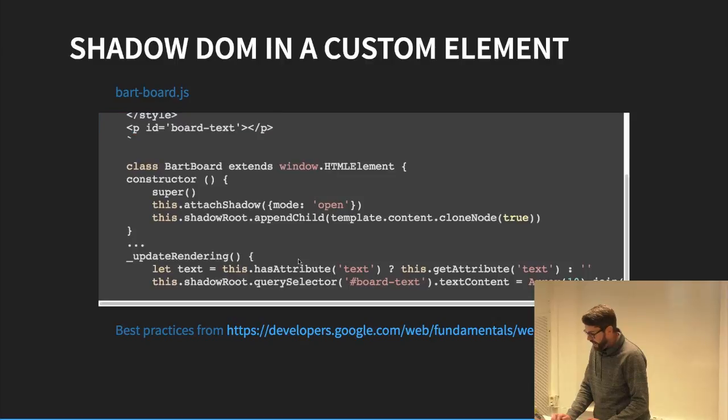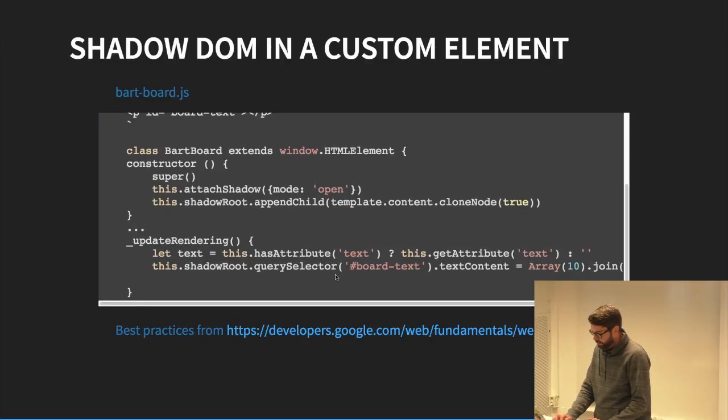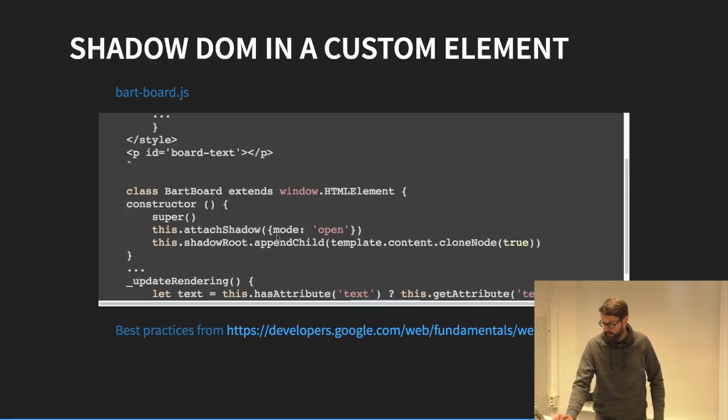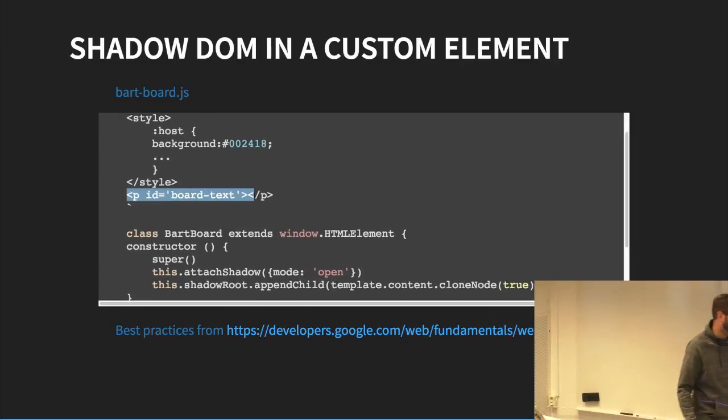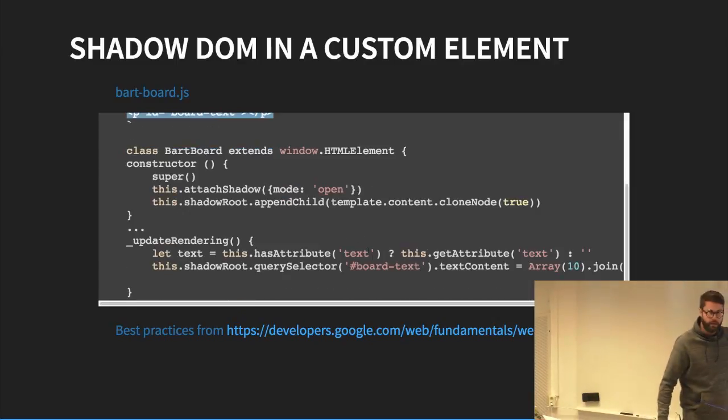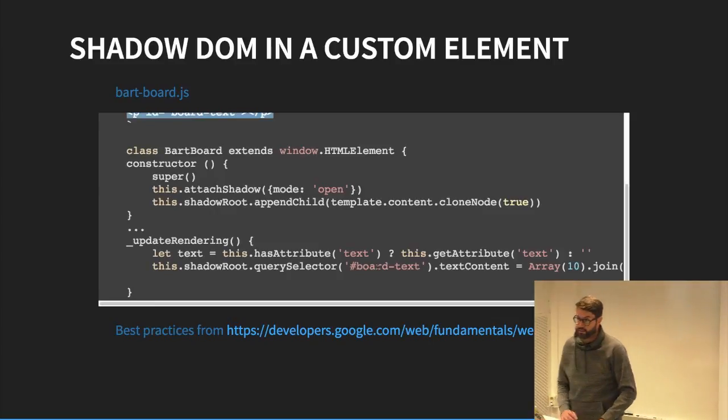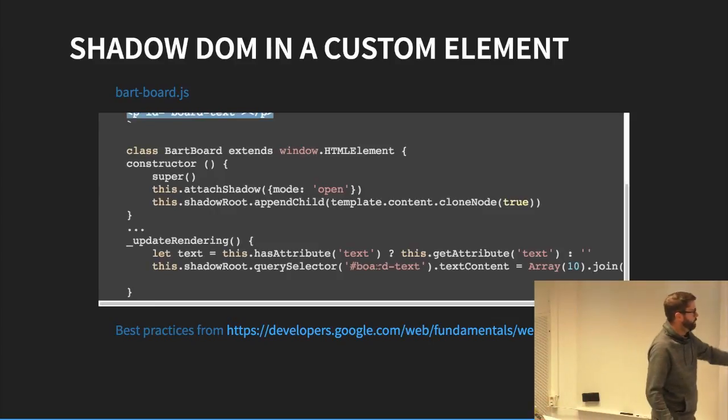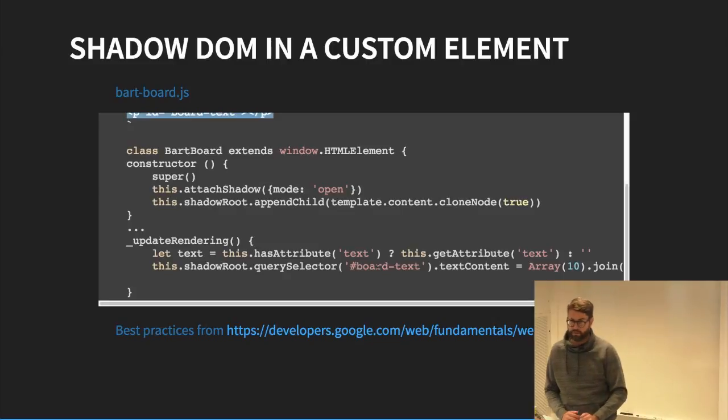And I'm just updating, so text will be written in the Bartboard's text instead, in that P element. I don't need to worry about using IDs, because this is scoped to the component. So even with multiple Bartboards on the page, it will select the one inside of the shadow root in my custom element.